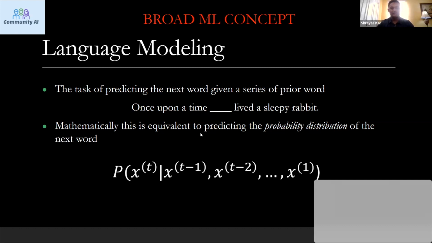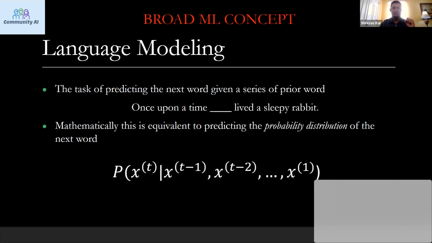Mathematically, what we can think about is predicting the probability distribution of the next word. Let's say you have your previous tokens, x of t minus 1, x of t minus 2, down to x of 1, which in this example would be something like "once upon a time." So that would be these values, and your goal is to predict this value, the probability distribution of the next word.